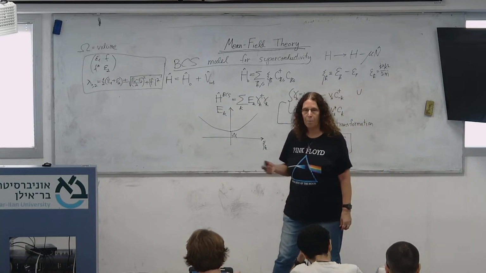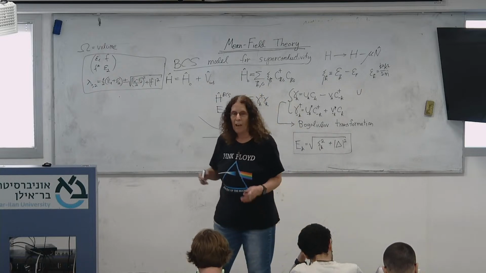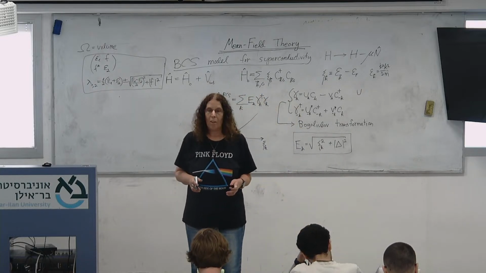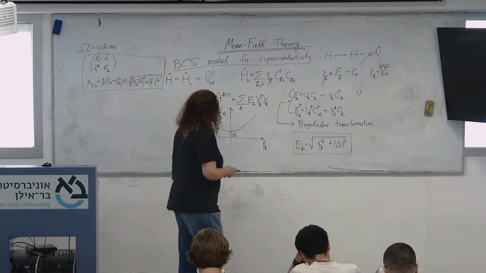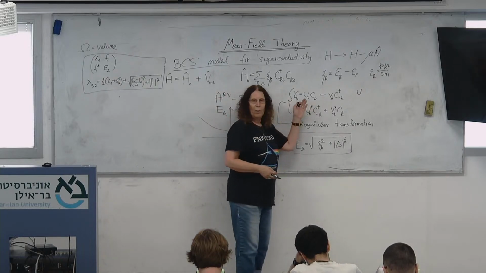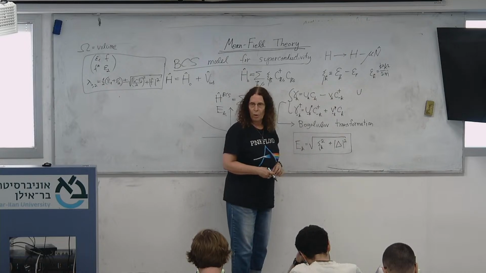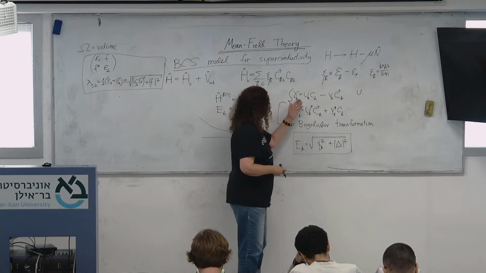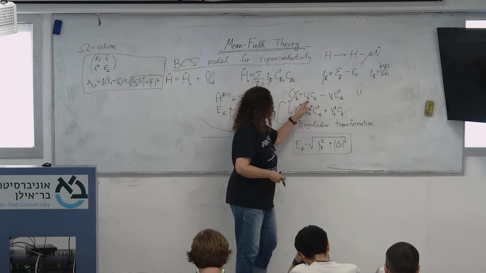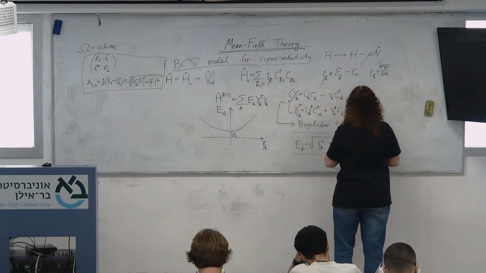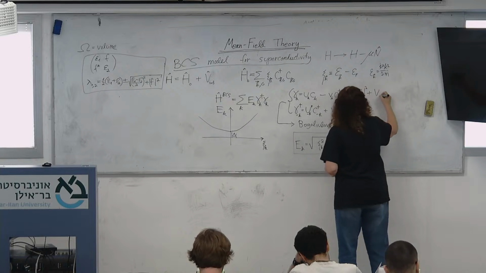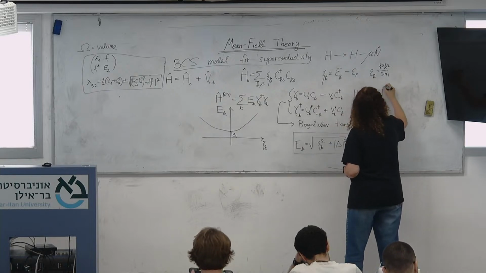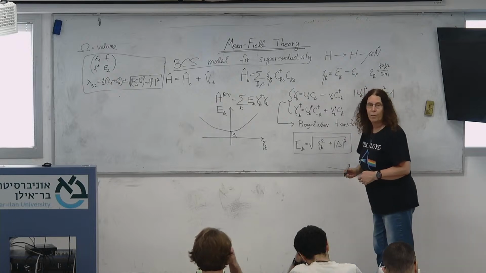They are quasi-particles that are like electrons in the sense that they obey the same anti-commutators. And if I want to preserve the anti-commutators, I must choose the coefficients u and v to obey u_k squared plus v_k squared equals 1.